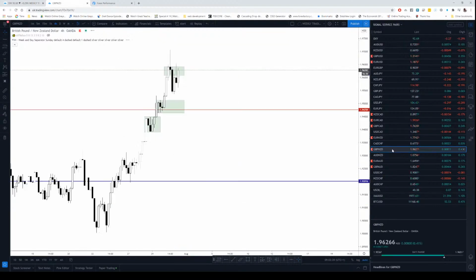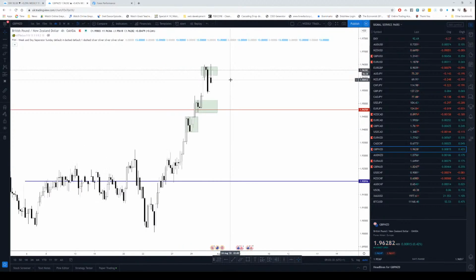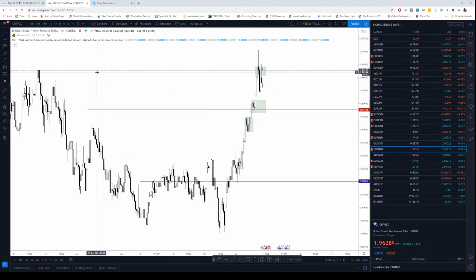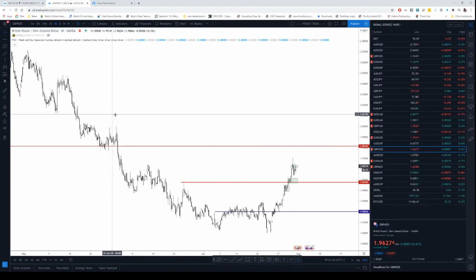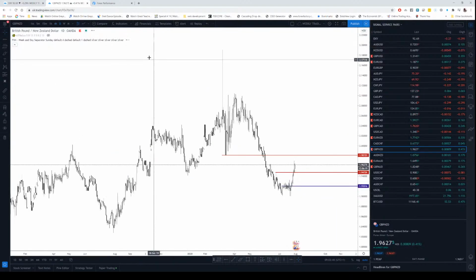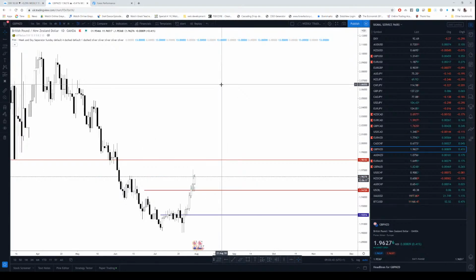Now my pair that I like, I didn't take a position on this, but I like this pair. We still have upside objectives. It's a swing trade, so be mindful that we are not gonna expect price to give us a rally right now.